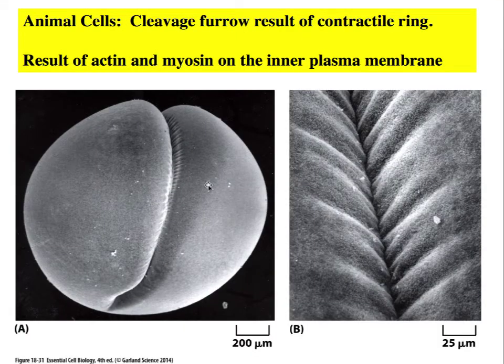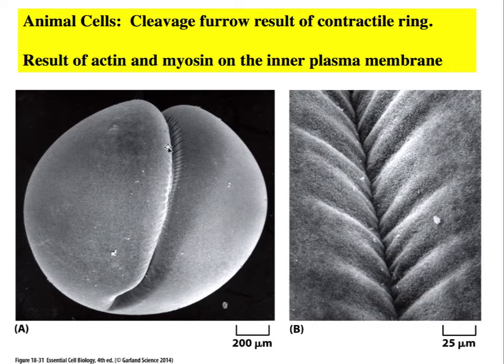In animal cells, which do not have a cell wall, the plasma membrane is quite flexible. And during cytokinesis, the final phase of M, the mother cell is then divided down the middle into two daughter cells. And that takes place with something called a cleavage furrow.